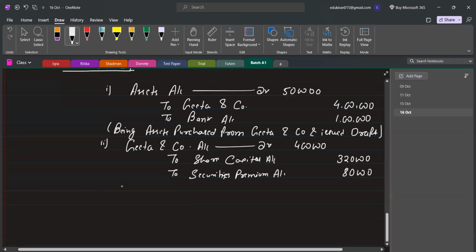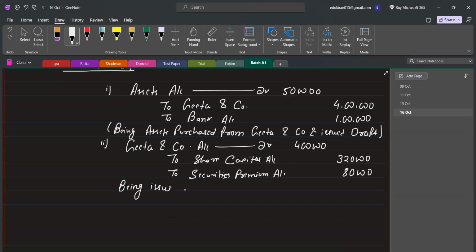And the second entry is being issue of equity shares at premium for balance amount.